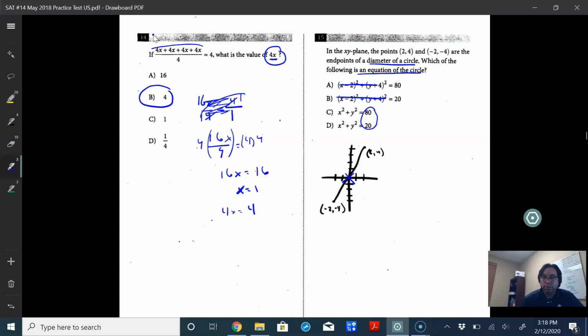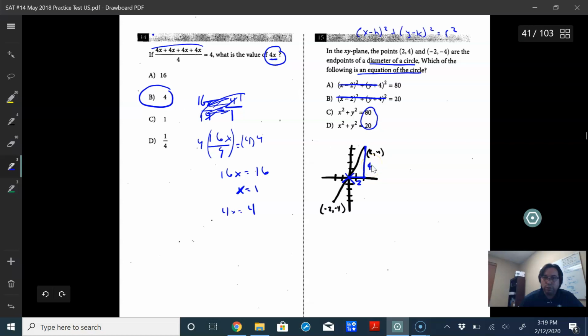To find the radius, remember the equation of a circle: (x - h) squared plus (y - k) squared equals r squared. So we have to find the radius and then square that value. One way we can find the radius is to treat it like a right triangle. We know this is 2 and this is 4.